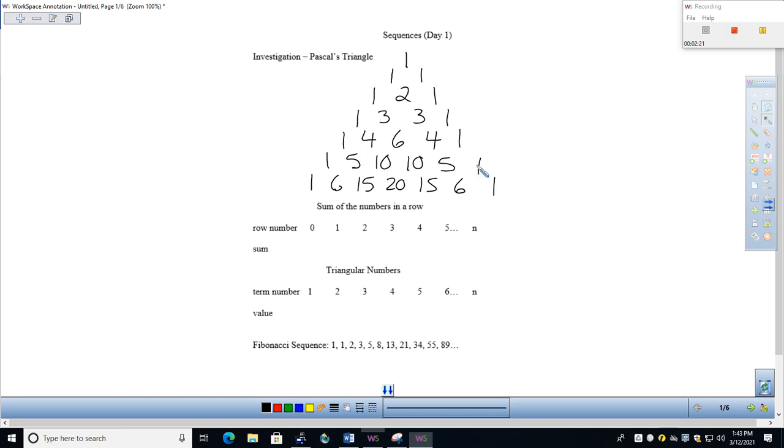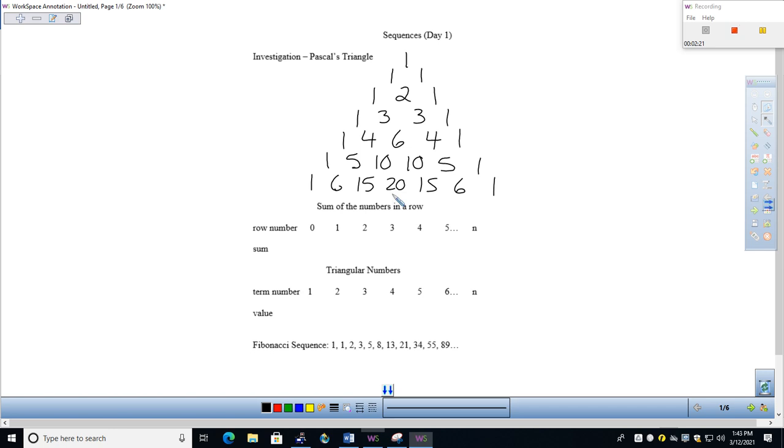So again, rows and diagonals, by the way. I already said row 0, row 1, row 2, etc. And also we would call this diagonal 0, diagonal 1, diagonal 2, diagonal 3, etc. But I don't want to get into that too much. I don't want to get bogged down with that stuff.